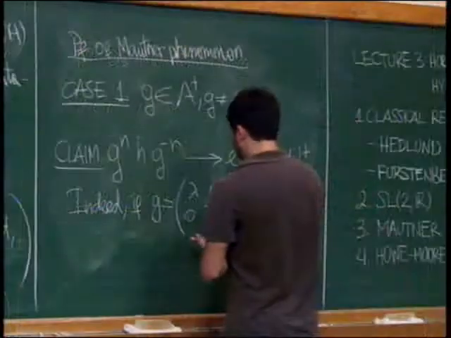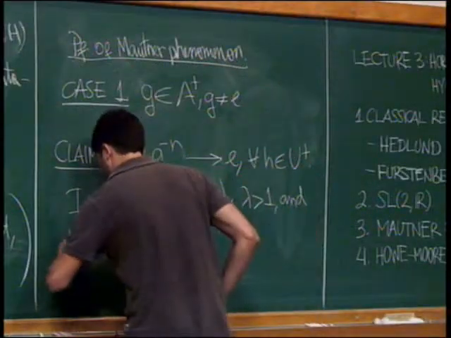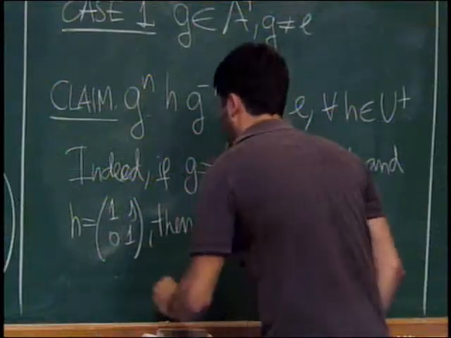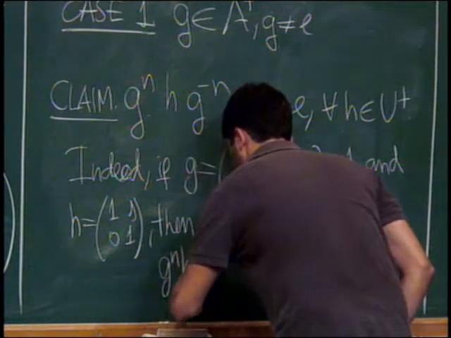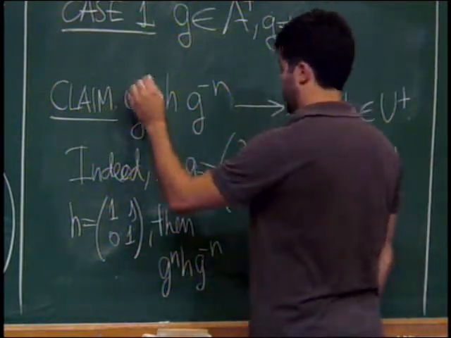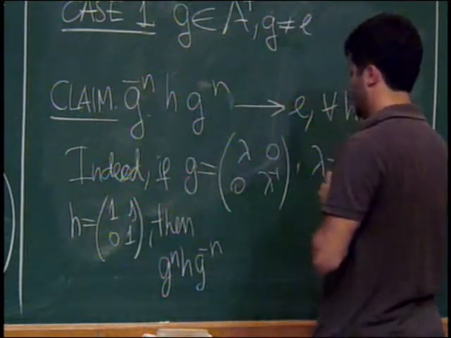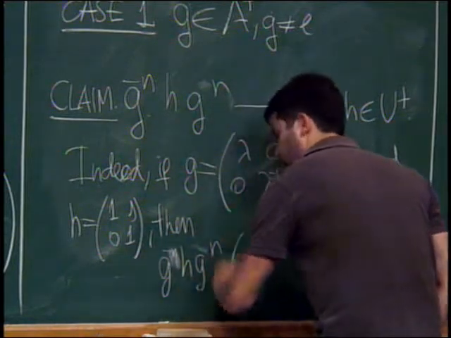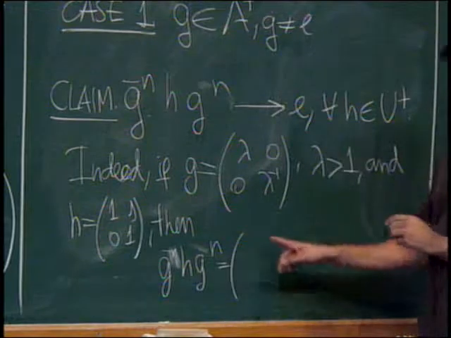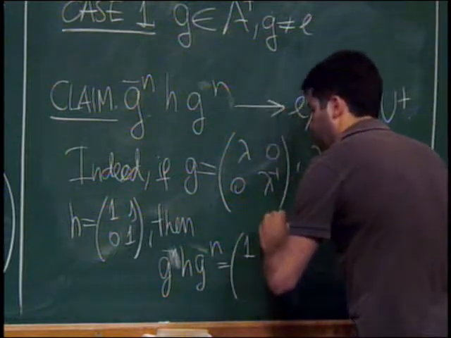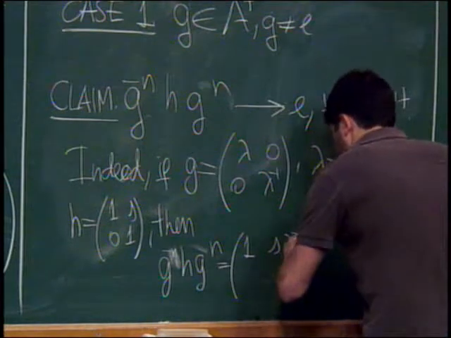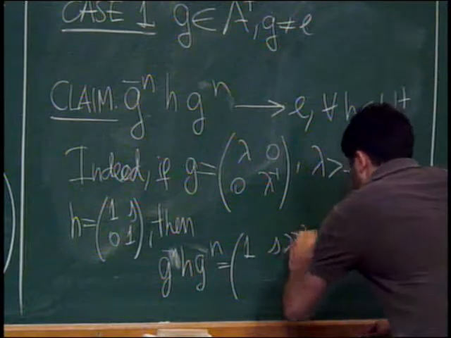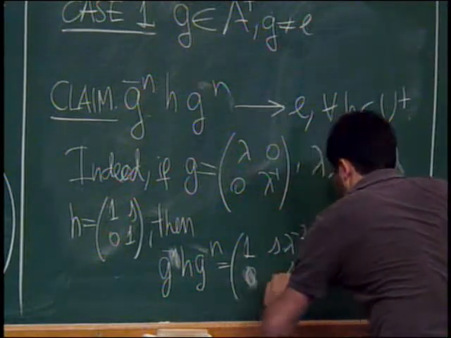So the proof is that if you take g to be equal to this and h to be equal to 1, s, 0, 1, then g to the n, h, g to the minus n is equal to, after you do the calculations, 1, s lambda to the 2n, 0, 1. Actually, I have to change these: g to the minus n, h, g to the n is equal to 1, s lambda to the minus 2n, 0, 1.